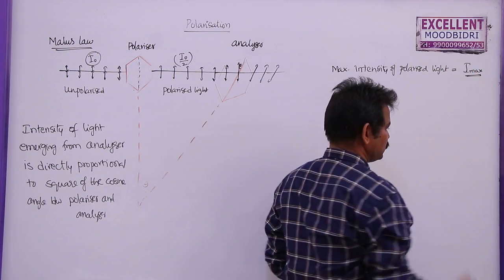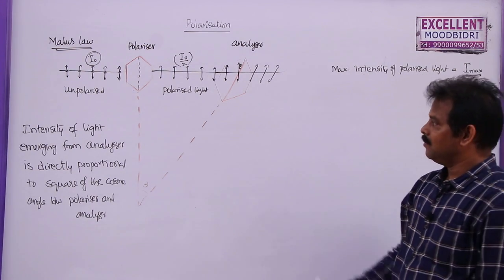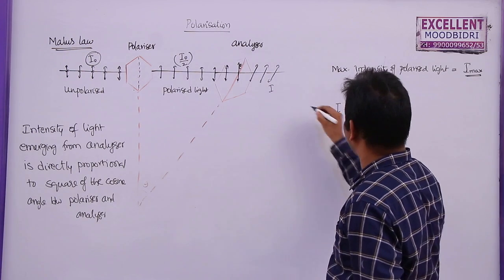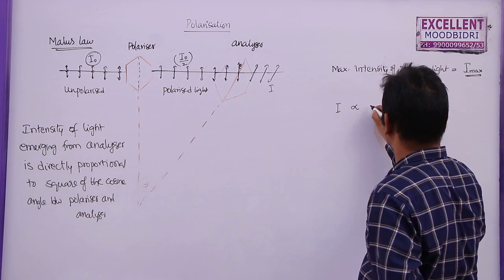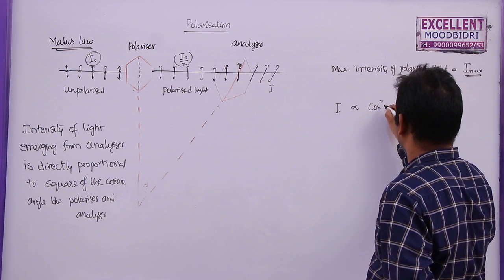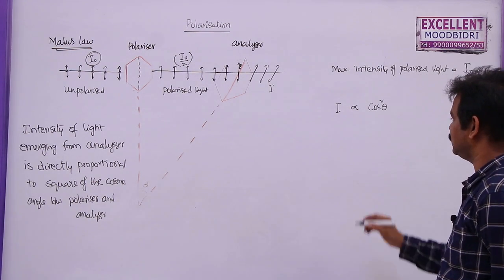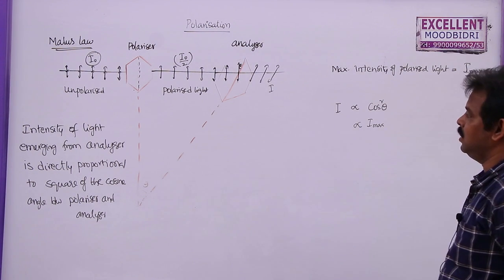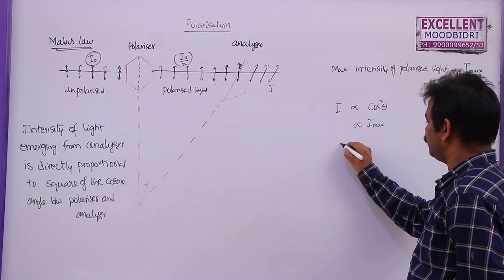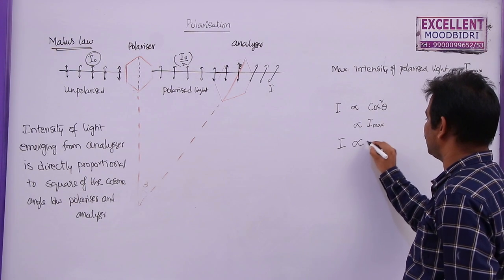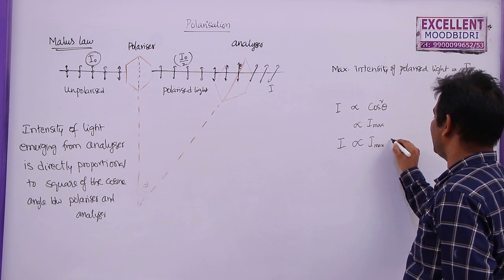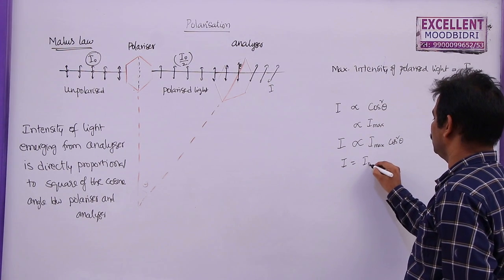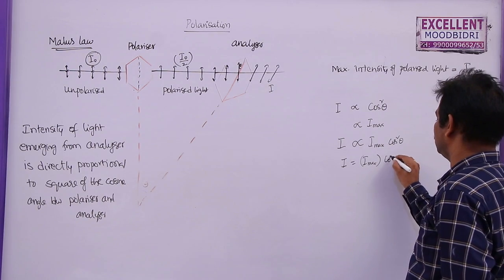Now Malus law states that the intensity of the light emerging from the analyzer is directly proportional to the cosine square of the angle between polarizer and analyzer, and that also depends upon the maximum intensity of the polarized light. So by combining these two, I is directly proportional to I max cos square theta, so I is equal to I max cos square theta.